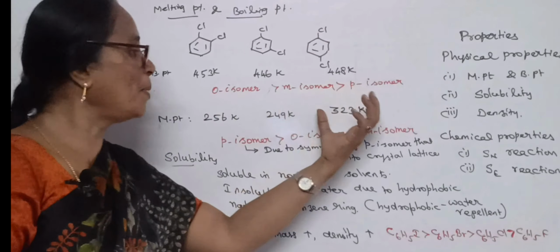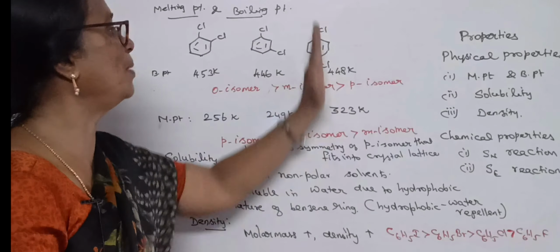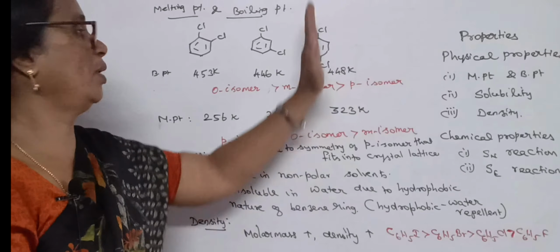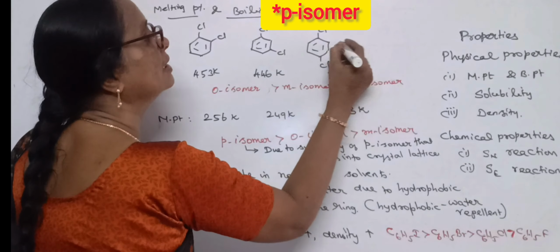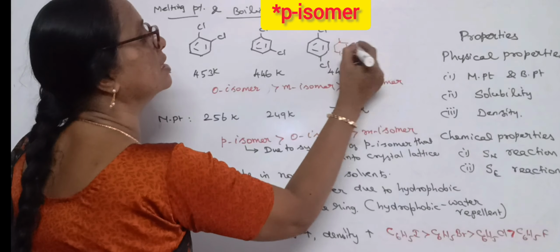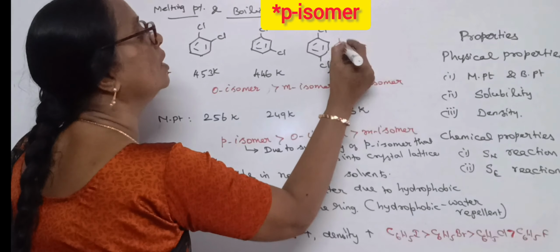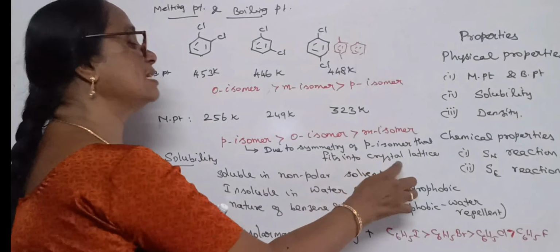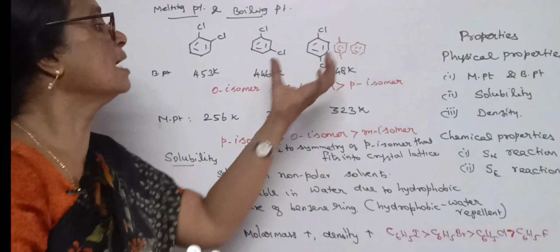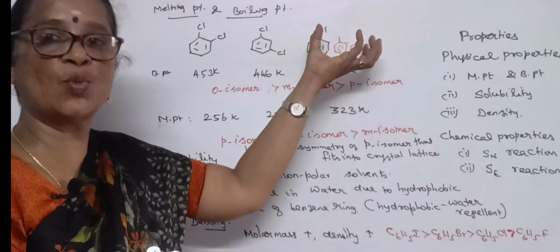Why? The para isomer has a plane of symmetry, so you can fit these molecules exactly into adjacent positions of the crystal lattice, and hence they occupy less volume.